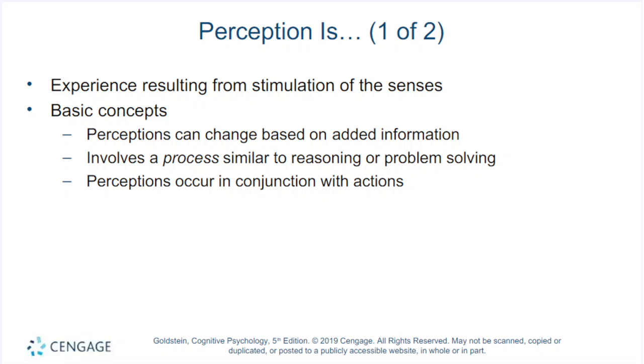This is also why the concept of perception is quite subjective. Because if we look at this part, experience resulting from stimulation of the senses. The experience that we might have from our senses being stimulated differs or varies from person to person. Even if we say there is only one stimulus, the way we experience it might vary.